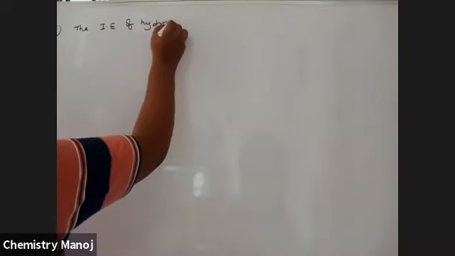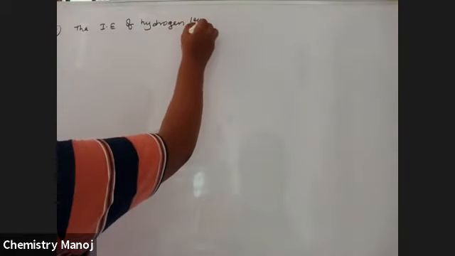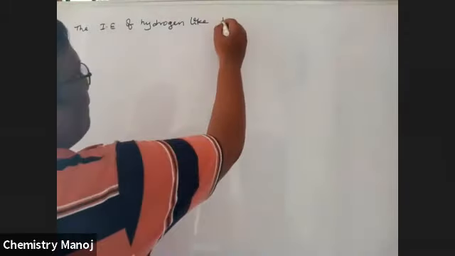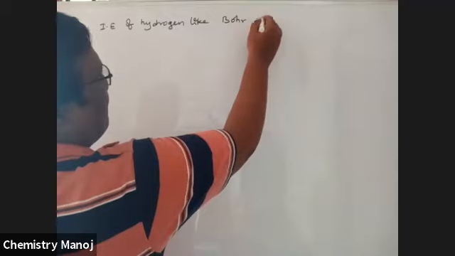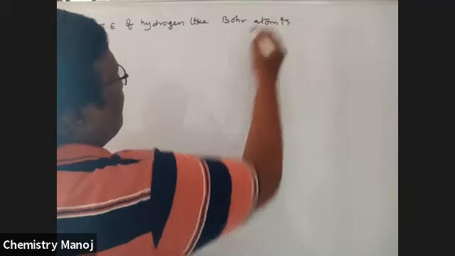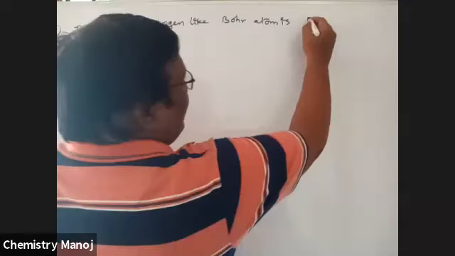Next one. The ionization energy of a hydrogen-like Bohr atom is 4 Rydberg.